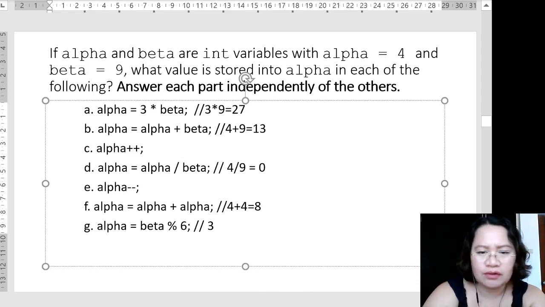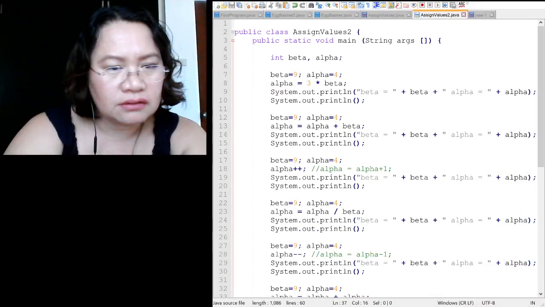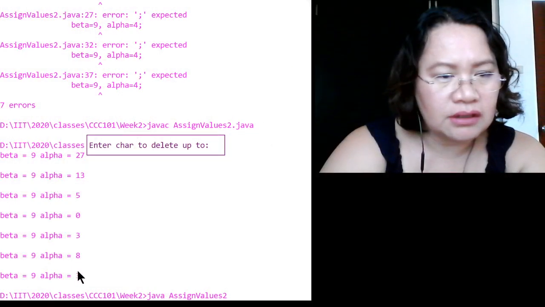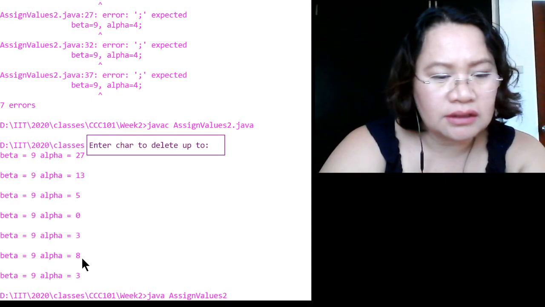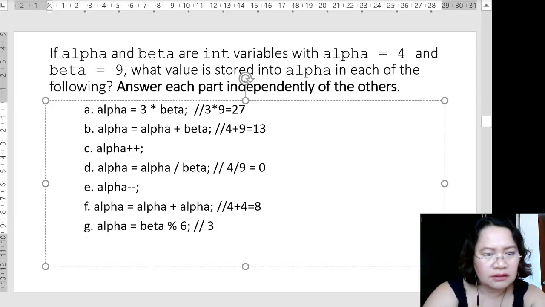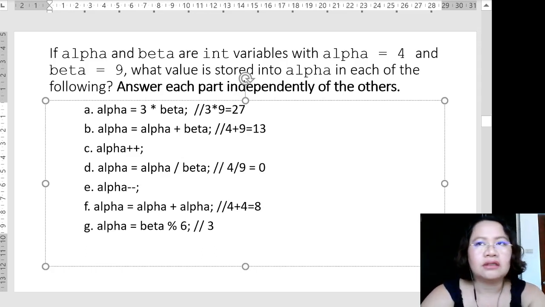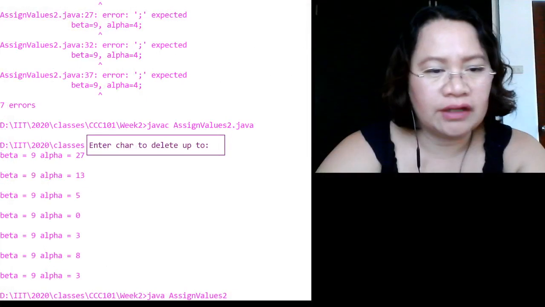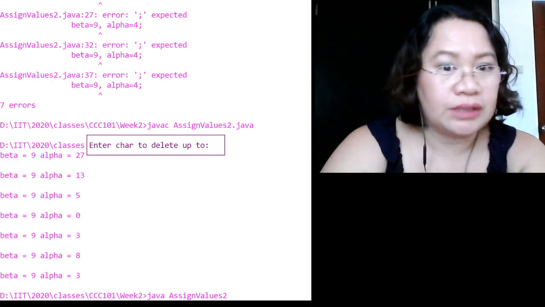So that's why 4 minus 1 you have a 3. And the next is 8. So what is that 8? That's alpha plus alpha. So that is 4 plus 4. And then the last one is beta modulo 6. So we're getting the remainder of 9 divided by 6. That's why you have a value of 3.